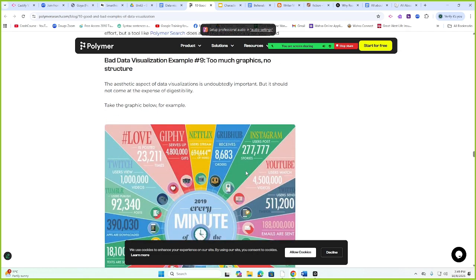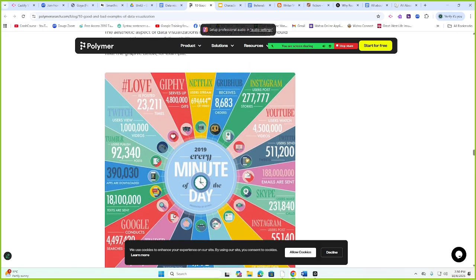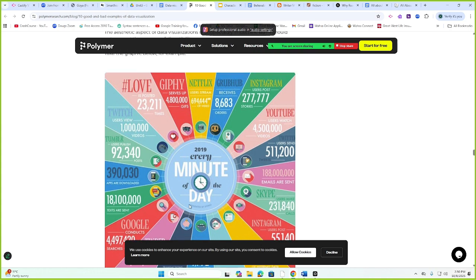Now here's another example of too much graphics and no structure. Wow, eh? Quite the picture here. Trying to figure out what type of information we are looking at. All of these little icons here, they add to the confusion. We have Netflix, Grubhub, Instagram.